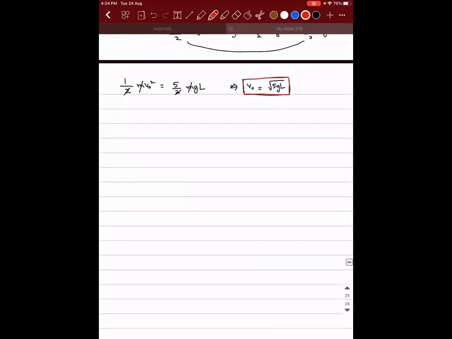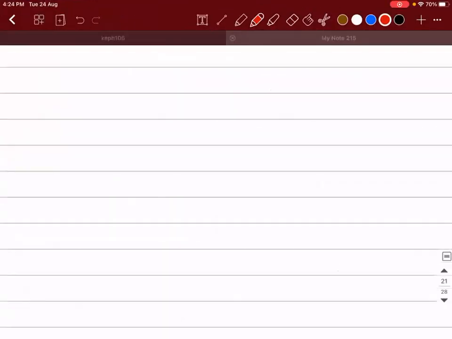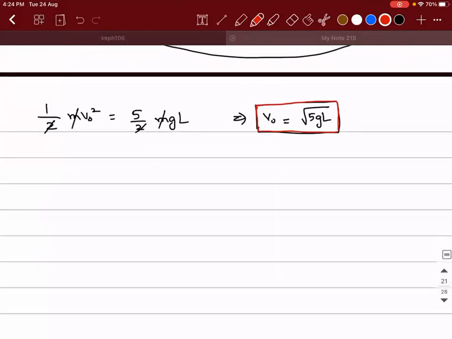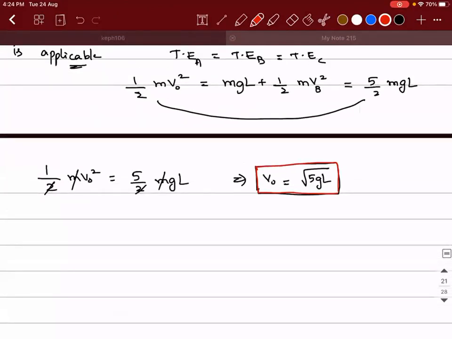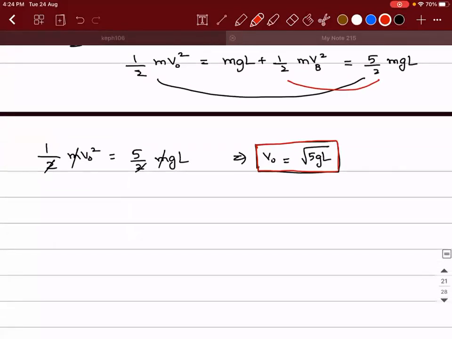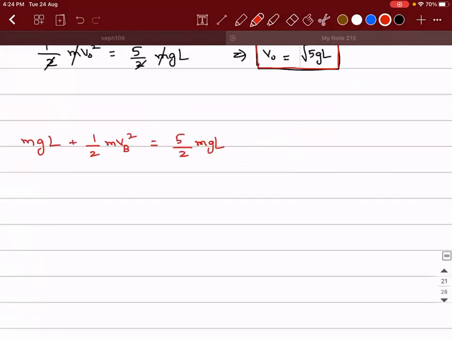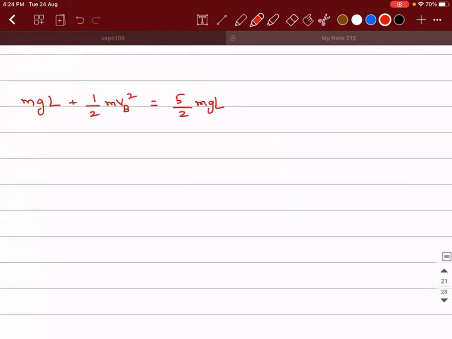So V naught will be root of 5 into G into L. Okay. Now, what is going to be the value of VB? If I take these two equations into consideration, then mgl plus half into m into vb square is equal to 5 by 2 times mg into L. Half m vb square will be equal to 3 by 2 times mgl.